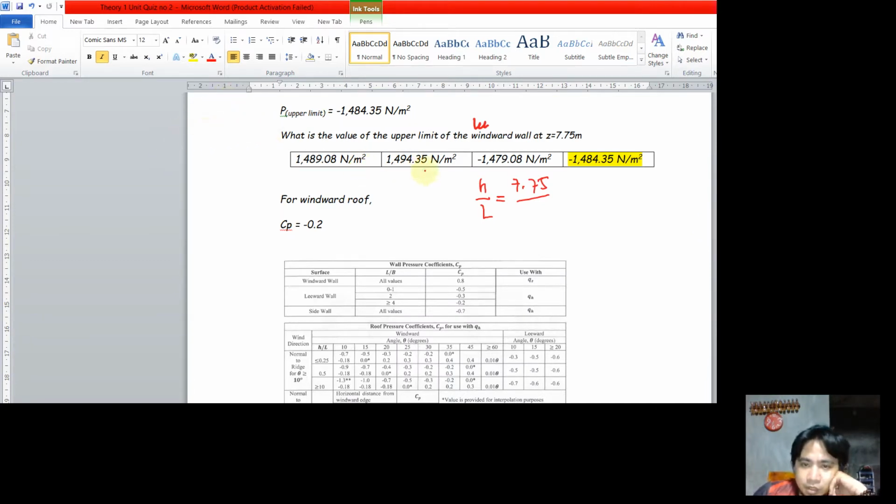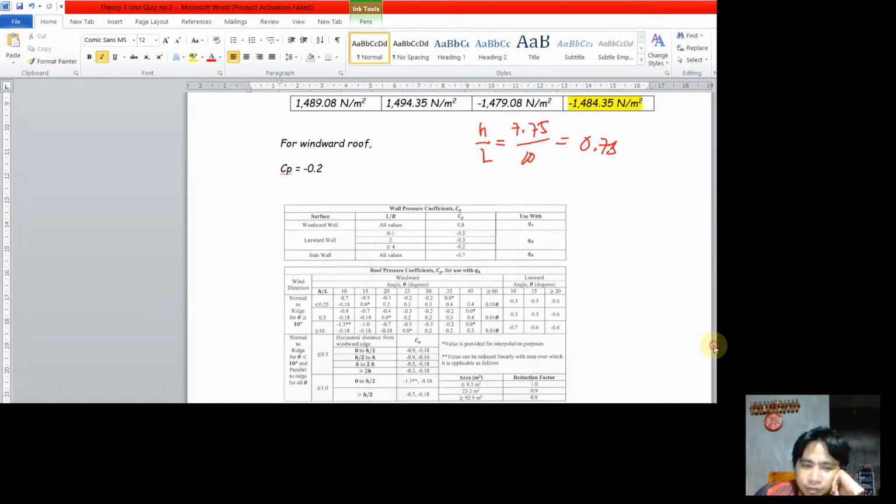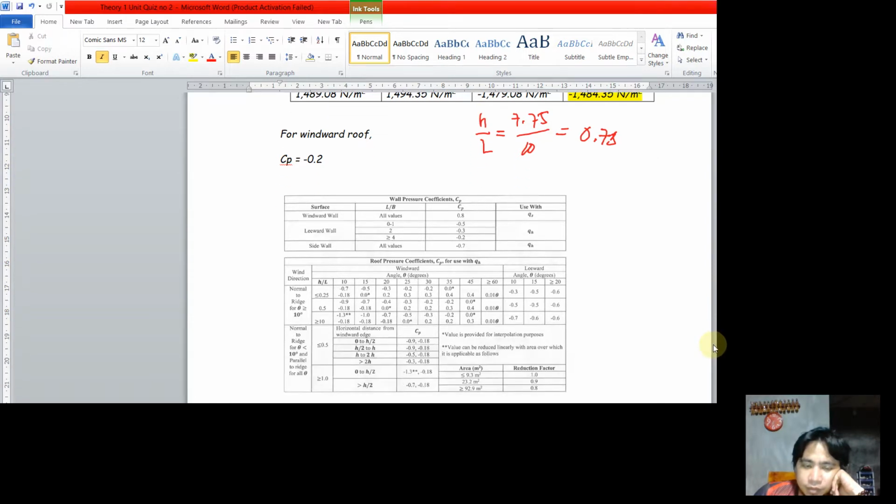That is 10. H over L is 0.78. So where's that in the table? 0.78.